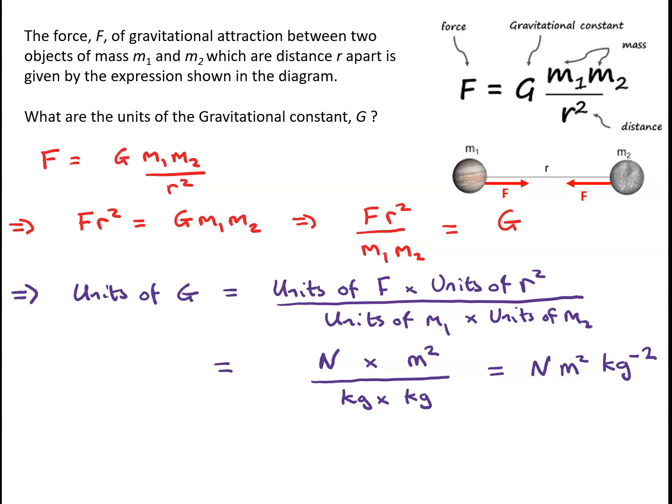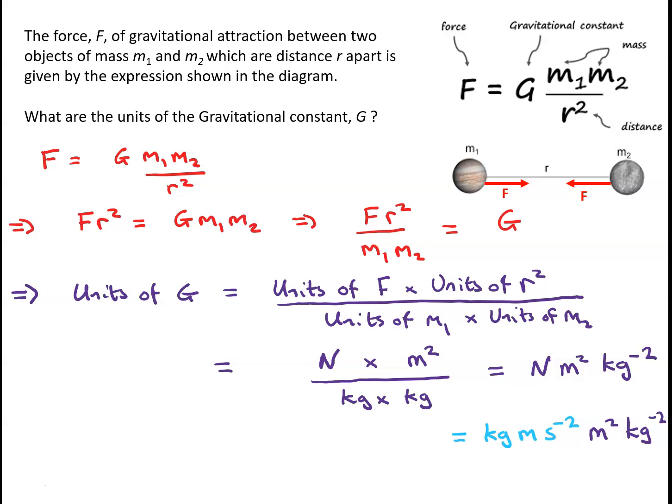But if we want the units of G, we might well want them in terms of the base SI units. So we want to remove the derived unit of newtons and replace it with the fact that a newton is the same thing as kilogram meter per second squared, or kilogram meter seconds to the minus 2.